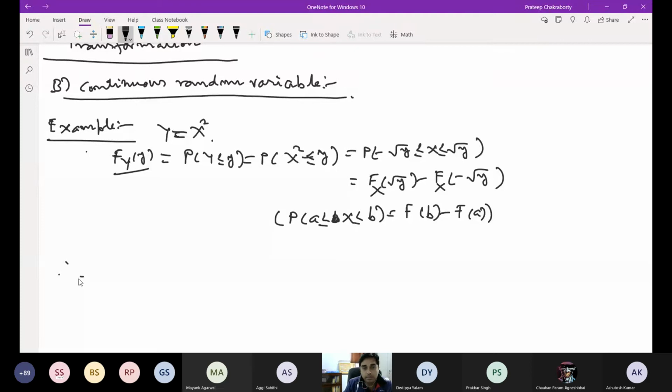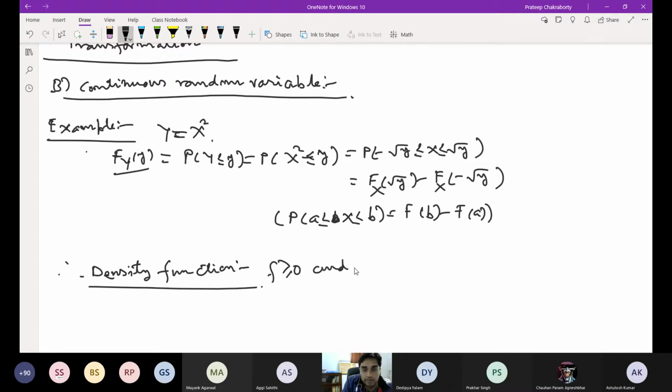First, when we define a density function for a continuous variable, it is a non-negative function such that the integral from minus infinity to infinity of f(x) dx equals 1.